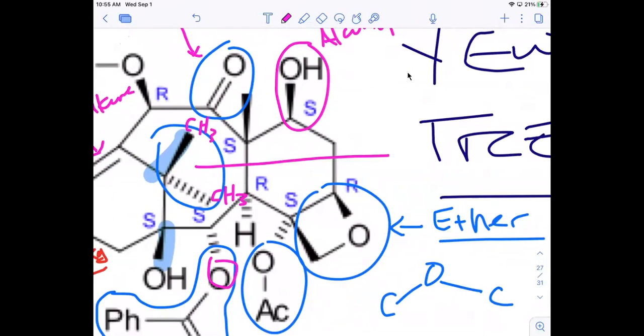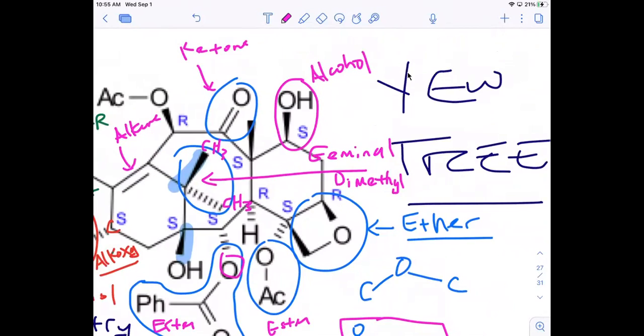We say that those are geminal. So we call it a geminal dimethyl.